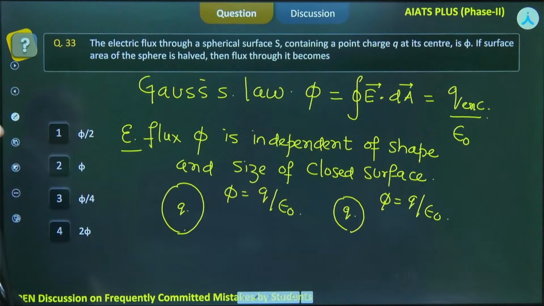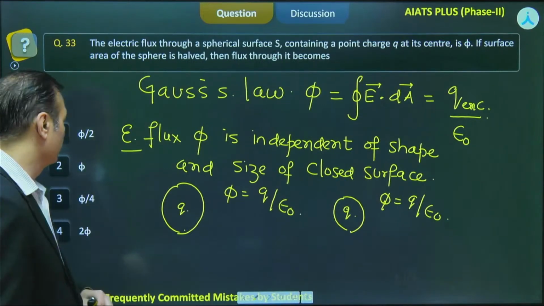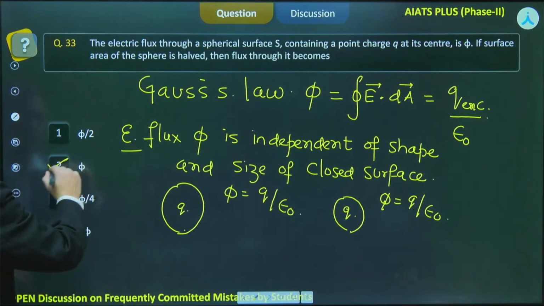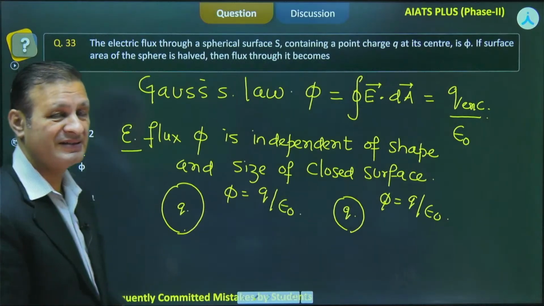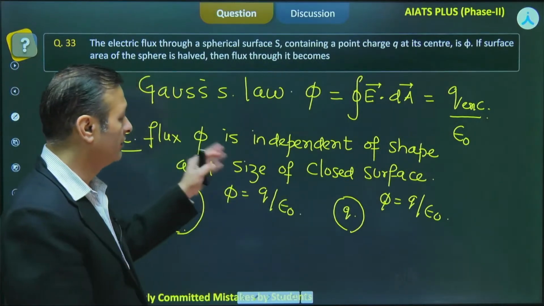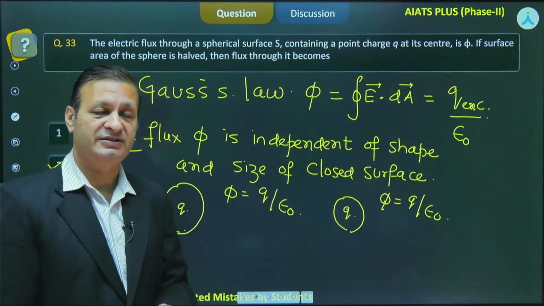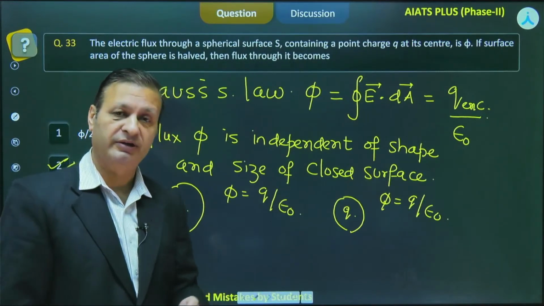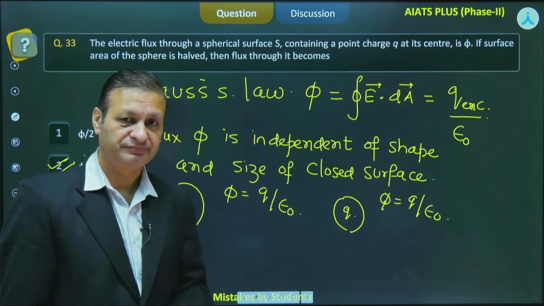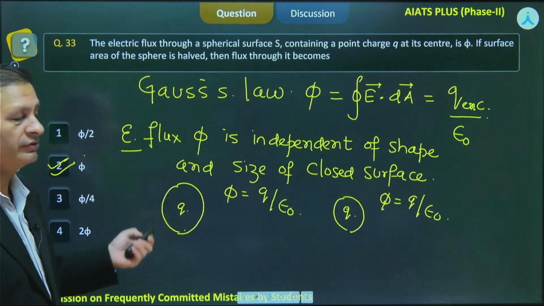Q by epsilon naught, as phi only. So it means your flux would remain the same. Important point, that it is independent of shape and size, that needs to be noted. Shall we? Any doubt?